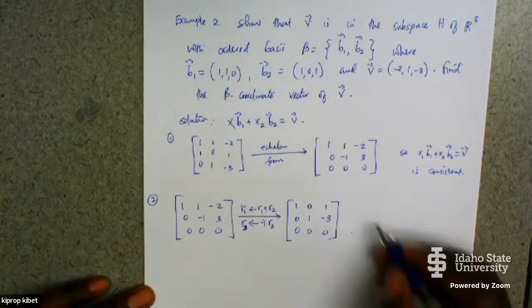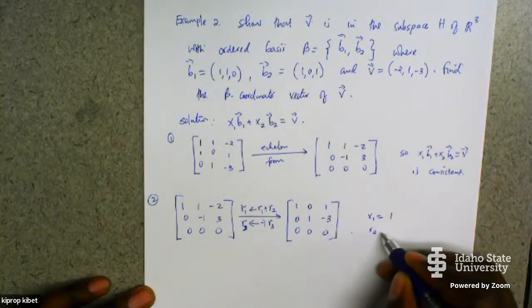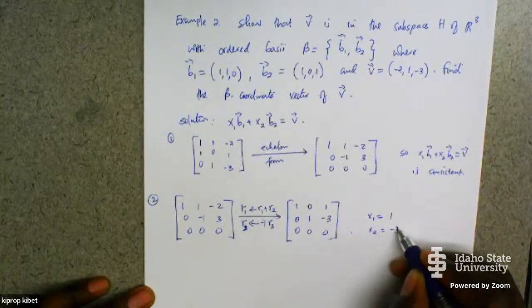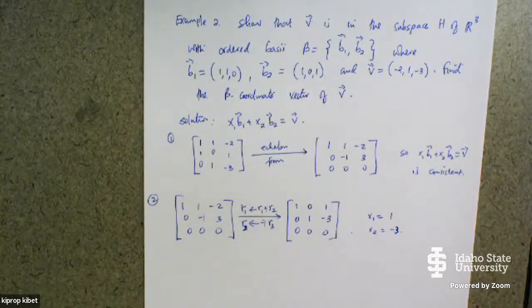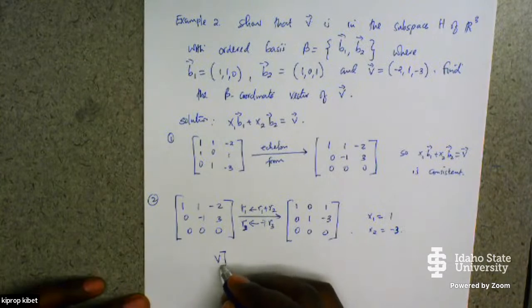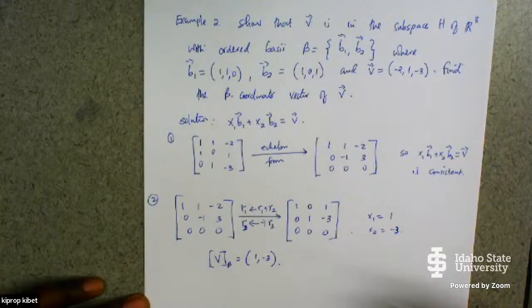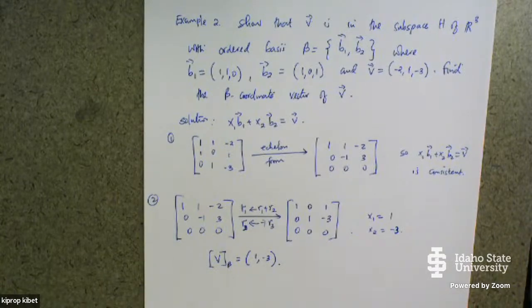Therefore x1 is equal to 1 and x2 is equal to -3. So our B coordinate vector of v is 1, -3. So that is our B coordinates.